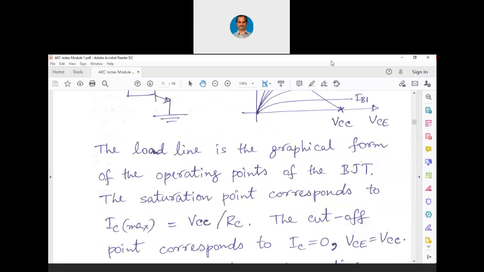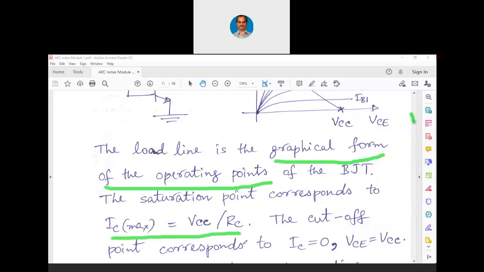Load line is the graphical form of the operating points, which means the saturation point corresponds to IC max equals VCC by RC, and the cutoff point corresponds to IC equals 0 and VCE equals VCC, which means the transistor is off in this region where IC equals 0, and the transistor is fully on where collector current is maximum.